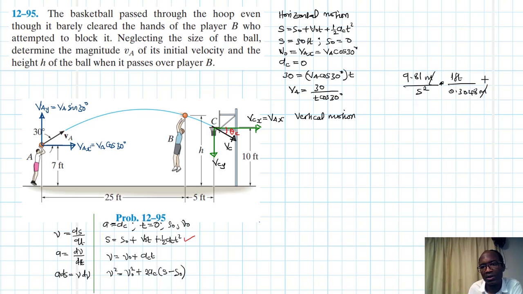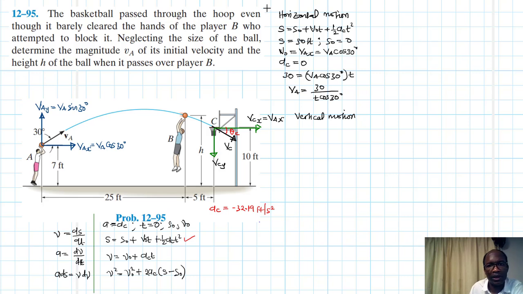Meter and meter cancel. This gives us 32.19 feet per second squared. So our a_c is just equal to minus 32.19 feet per second squared.